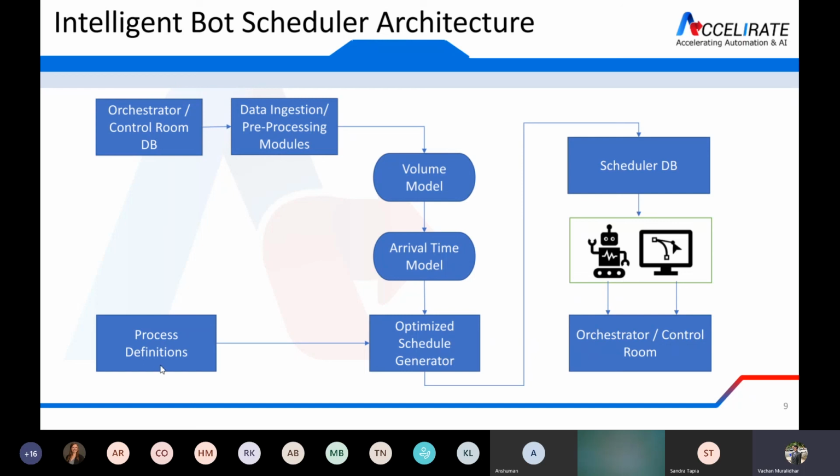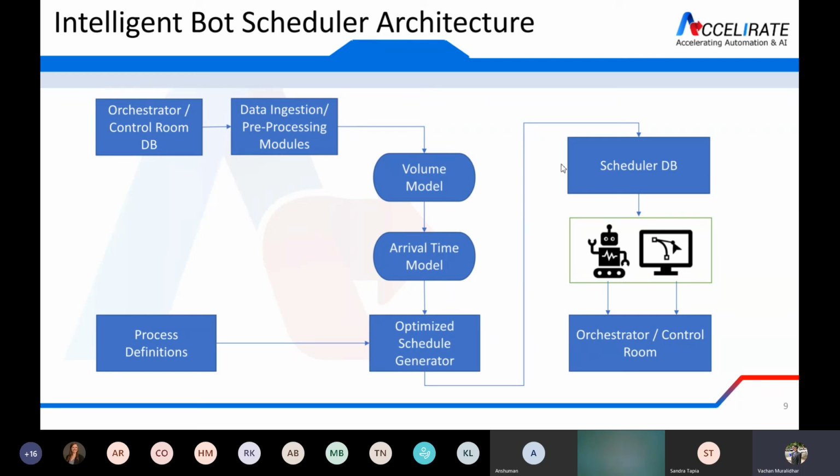The process definitions specify, for example, that a particular process should be placed on this particular VM, or that it should start at 8 in the morning and stop in the evening, and so on. These are the parameters set by the business. So we utilize the process definitions and the insights from the models to generate the optimized schedule.